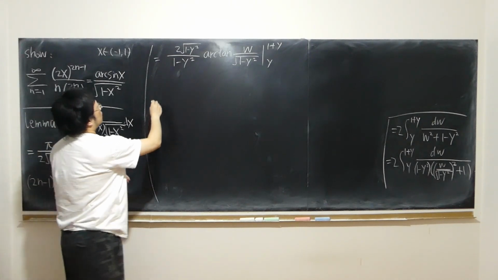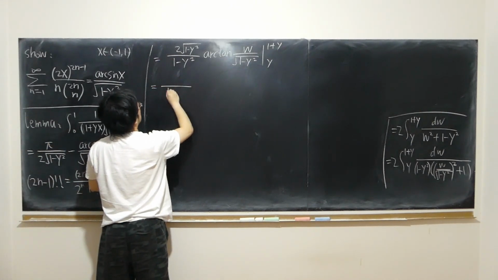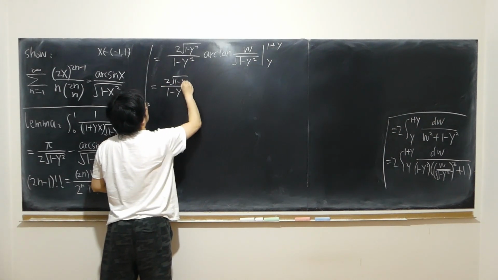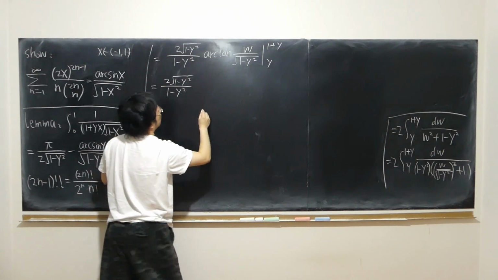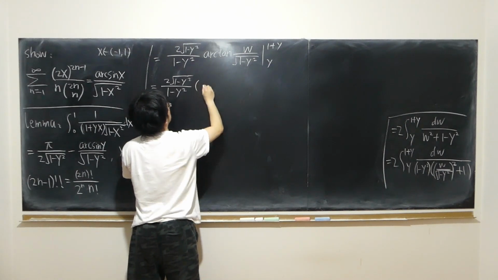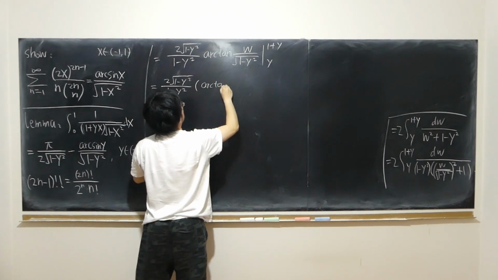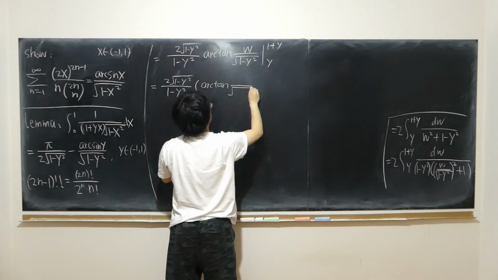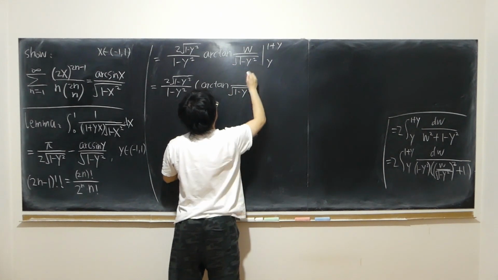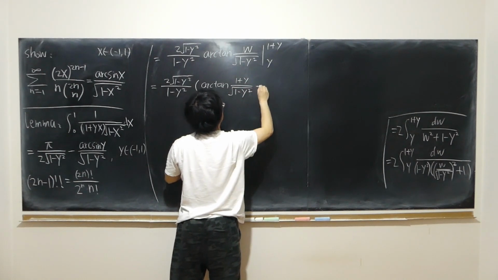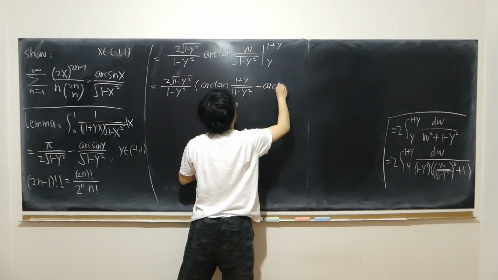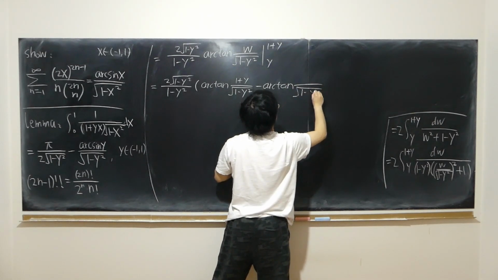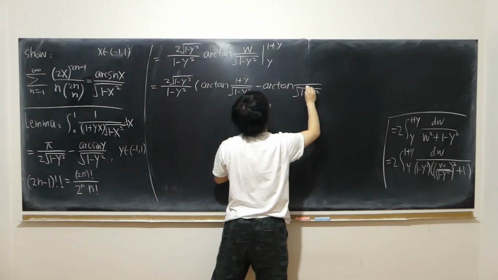Right? And of course, we're going to eventually simplify everything, hopefully. So arctangent, replace w with 1 plus y, then minus arctangent of square root of 1 minus y squared, y.